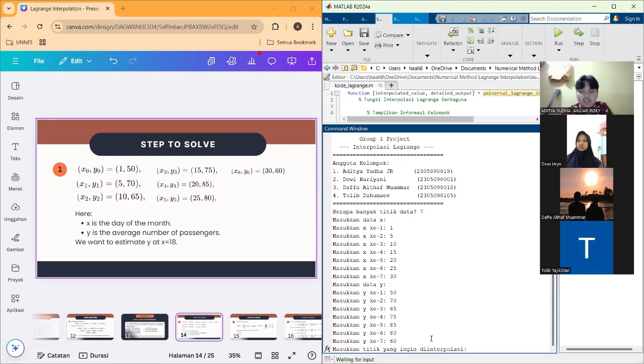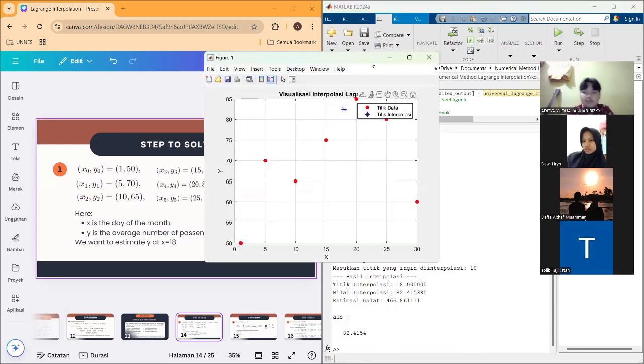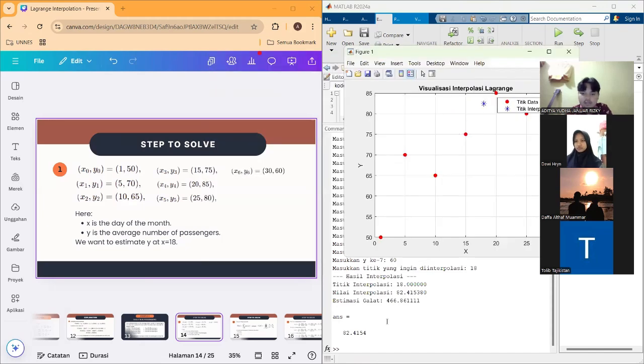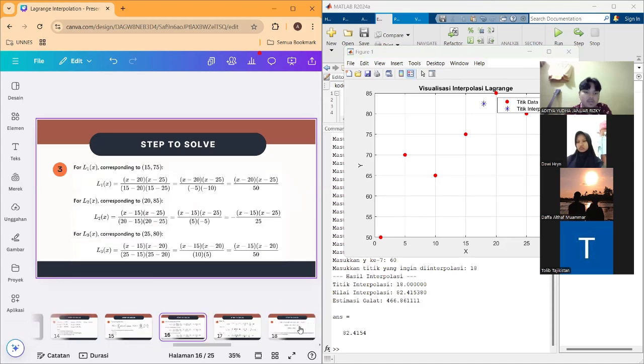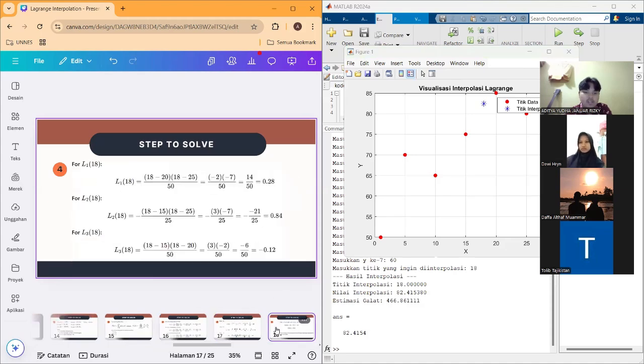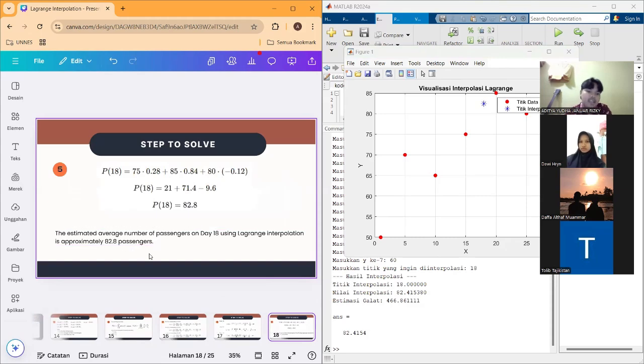So the data that we want to interpolate is X. We want to find the number of passengers at day 18. So we enter 18 here. Okay. So the result is 82.4. As Mas Tolib explained before, the result is similar, 82.8 passengers. So actually, it's the same answer as 82 passengers.